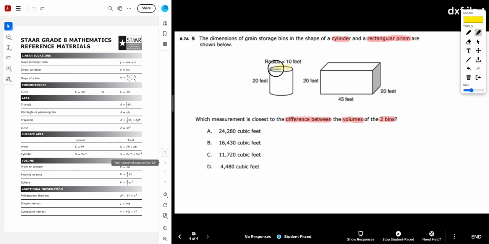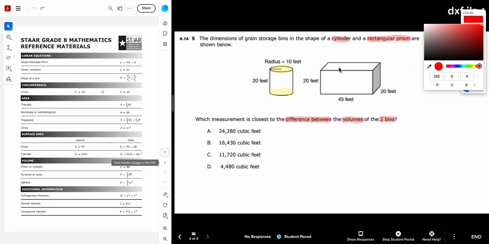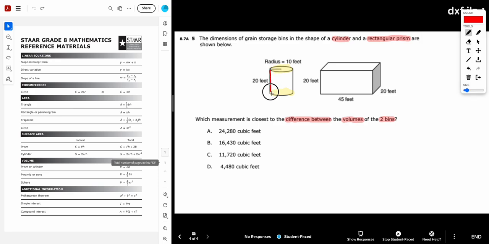making note of the bases. And the height of the cylinder, which is 20 from base to base. And again, V equals big B times H, where we need big B, the area of the base, and the height.